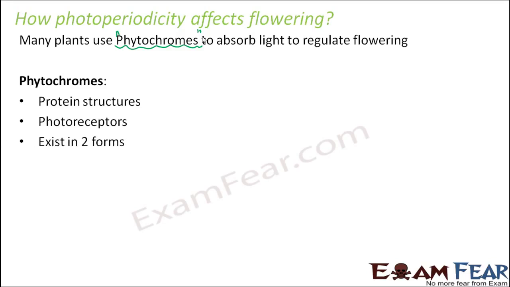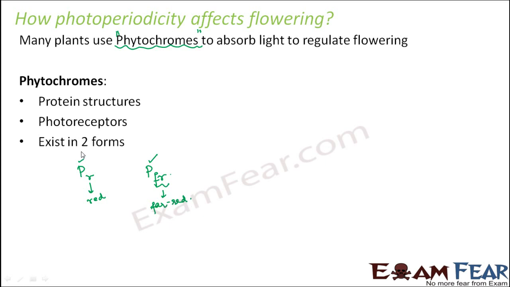Now they exist in two forms. What are those two forms? One is PR and the other one is PFR. So P represents phytochrome, R represents red light, and here also P represents phytochrome and FR represents far red light.